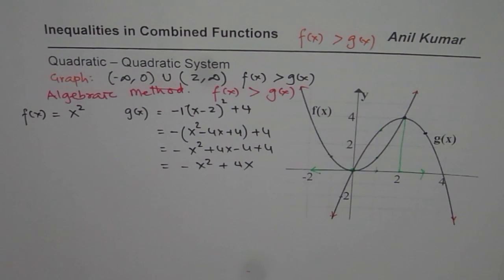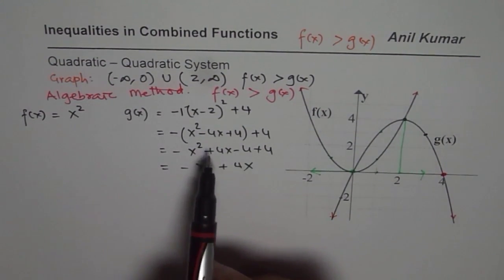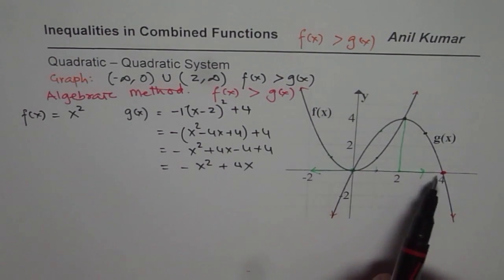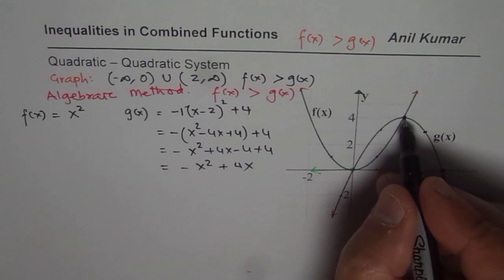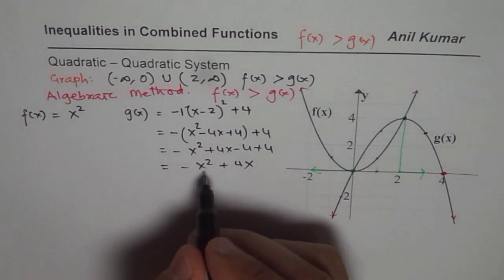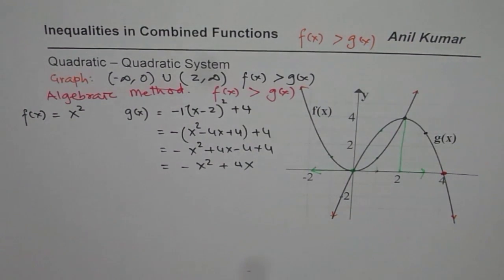Well, you could have also utilized the two zeros, correct? In that case, x is one factor and x minus 4 is the other factor, and taking the point on the vertex will give you the value of a. So you could write it in factored form also. Anyway, the first step is done, that is, we got the equations.